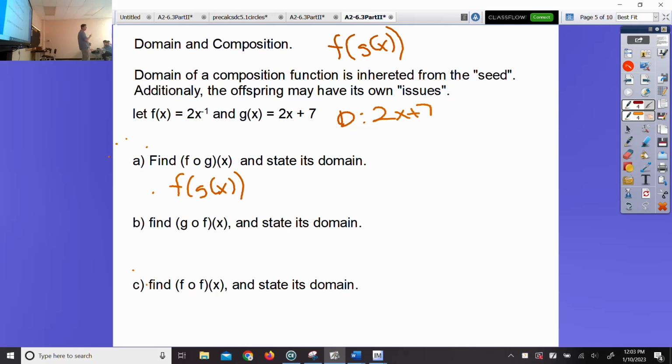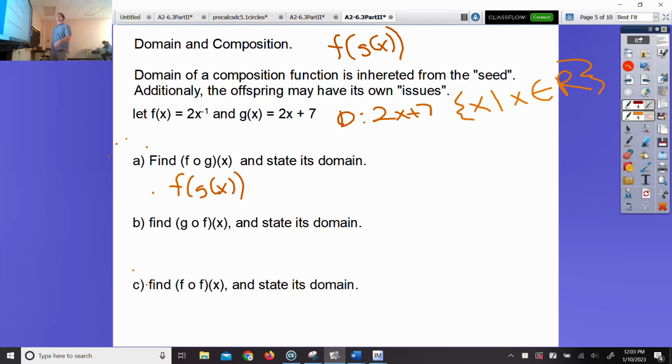What's the domain? Negative infinity to infinity. If you like set builder notation, all values of x such that x is an element of the reals. You've seen that notation before. Or negative infinity to infinity. That means that the dad is okay with any given number. However, just because the dad is okay with it doesn't mean the child is.